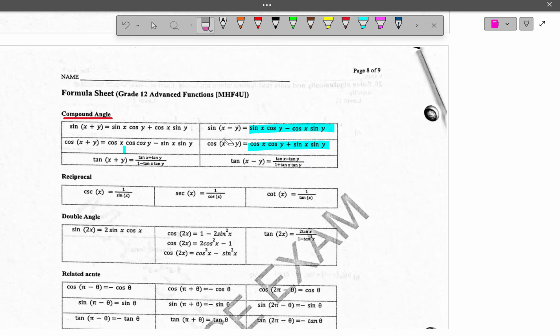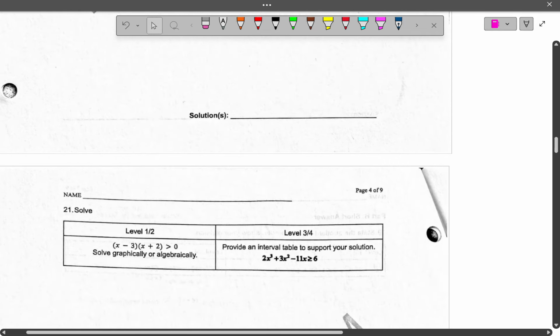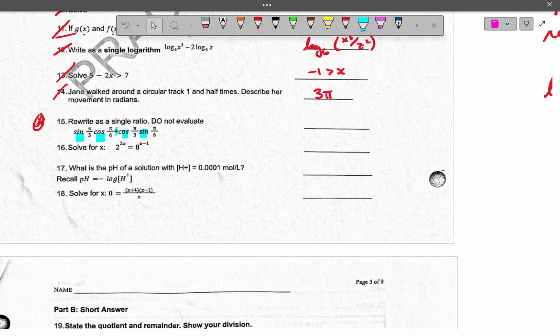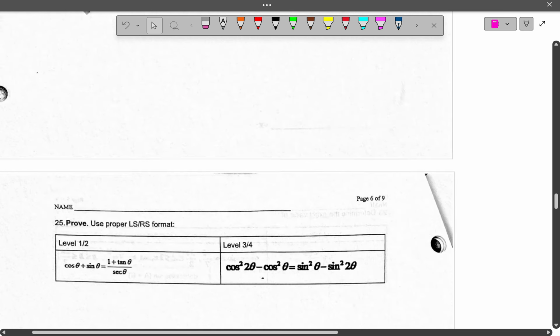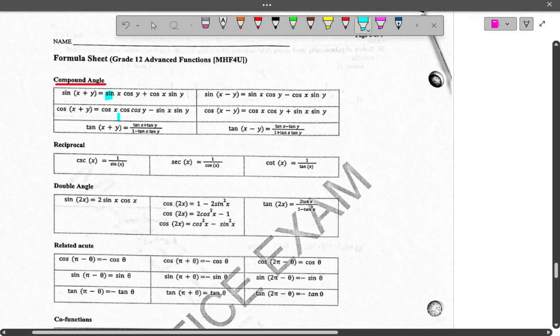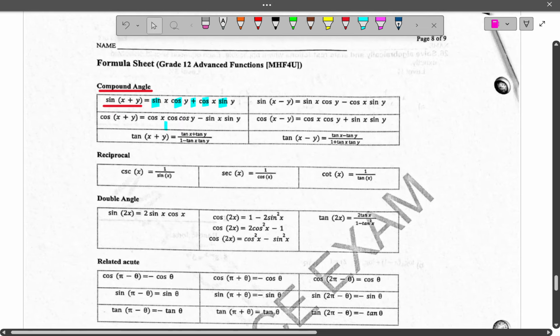So if we go back up to our question that was start, we want the one that has sine, cosine, then plus cosine, sine. So we can just remember that, sine, cosine, plus cosine, sine. Here we are, sine, cosine, plus cosine, sine. That's the first one. So it says if we want to write this as a single angle, or sorry, a single term, we're going to use a sine of x plus y.